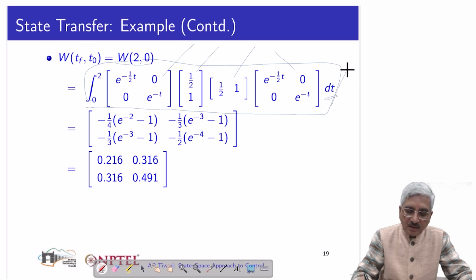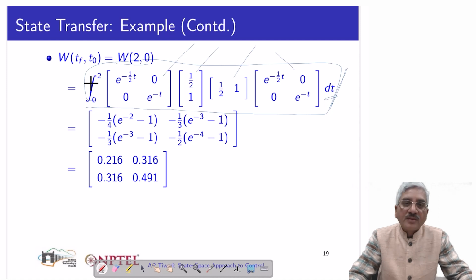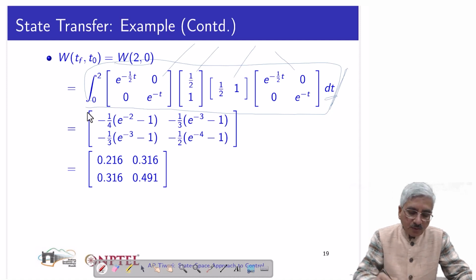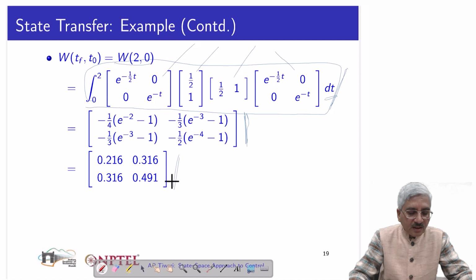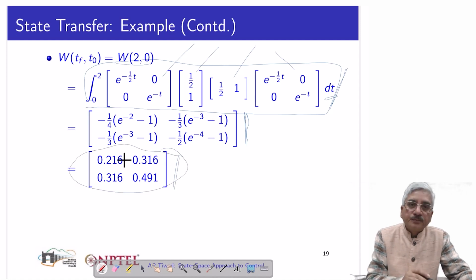When the integral is done and the value is evaluated at 2 and 0, we get it like this. And when the numbers are evaluated, we get W(tf, t0) as this matrix.